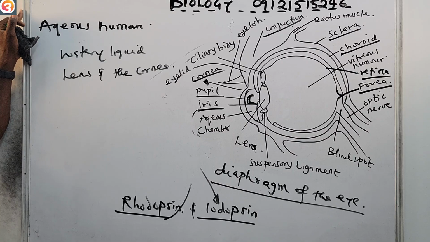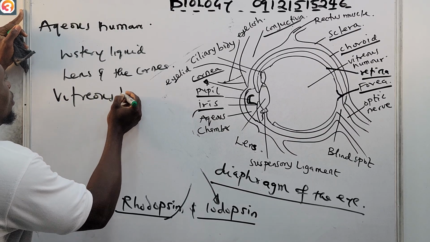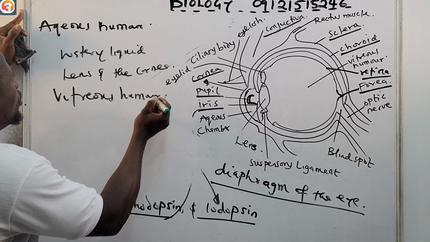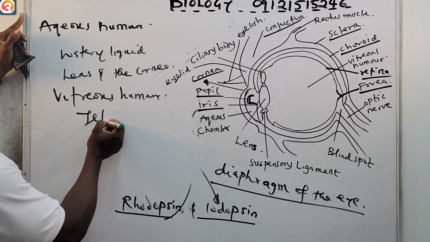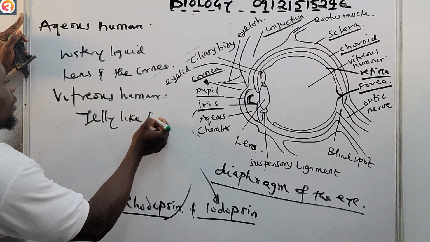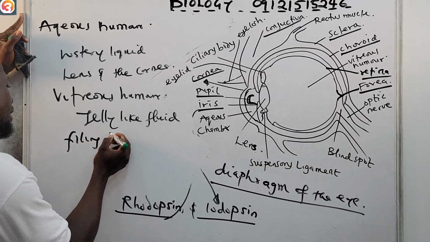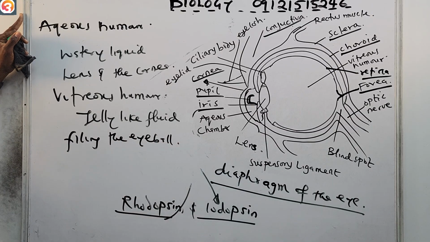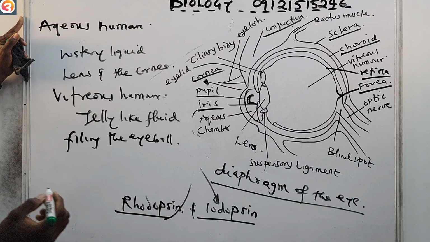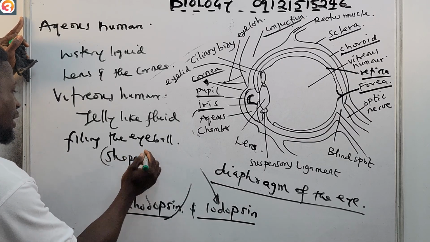Then we also have the vitreous humor. This one is a jelly-like fluid filling the eyeball. This vitreous humor helps the eye to maintain its shape.